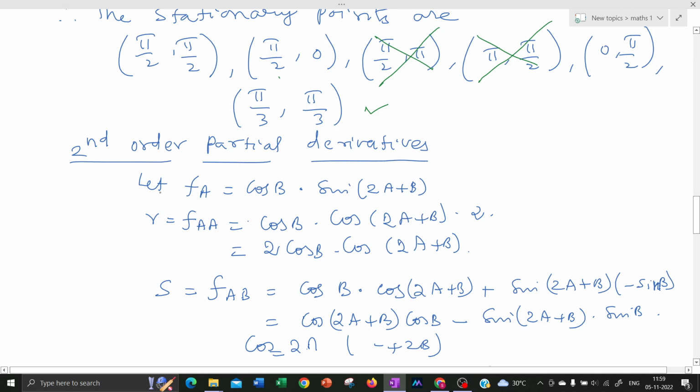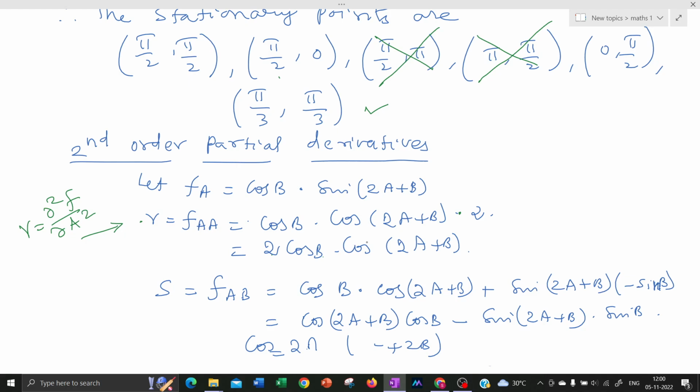In the second order derivative, first we take fa equal to cos b sin of 2a plus b. Next we are going to find the second order derivative r. That means what is r here? R equal to dou square f by dou a square. That means dou f by dou a differentiated with respect to a again. That means cos b differentiated with respect to a, we will get cos of 2a plus b and then into 2.